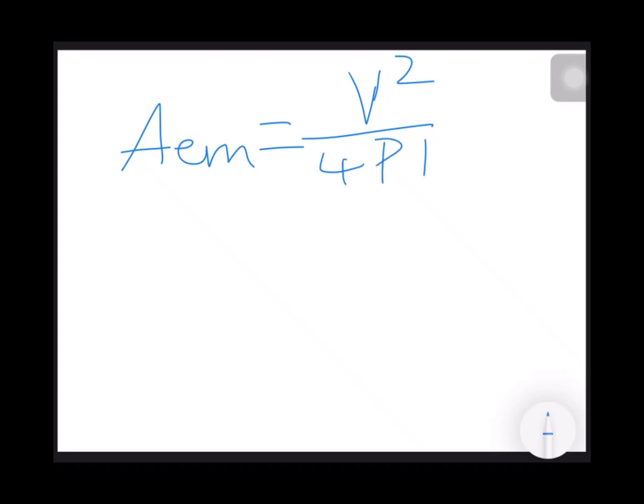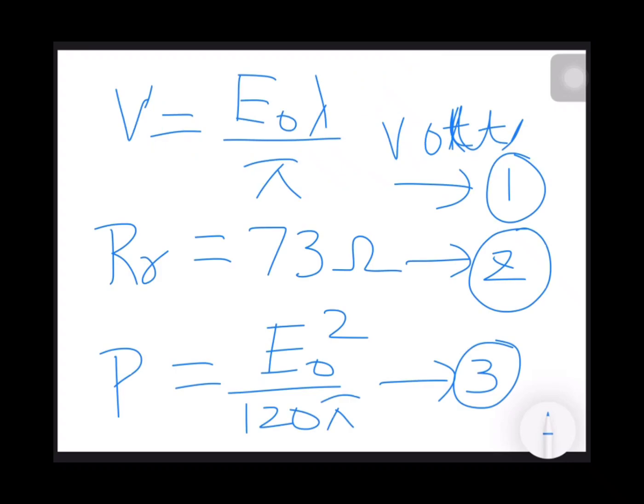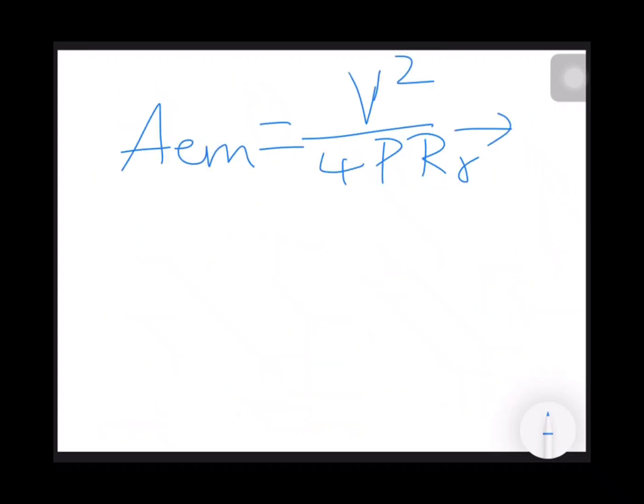Next, the maximum effective aperture for an antenna can be derived by the equation, that is AEM is equal to V square divided by 4 into P into R. Now, already by equation number 1, 2 and 3, we know the values for V, R, radiation resistance, and also P. Let me consider this as equation number 4.